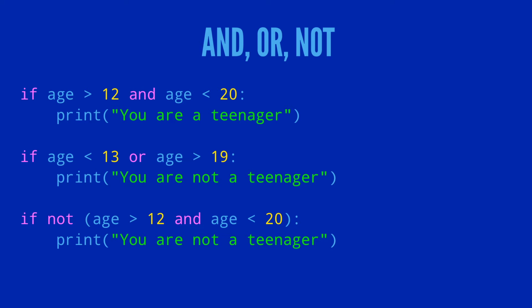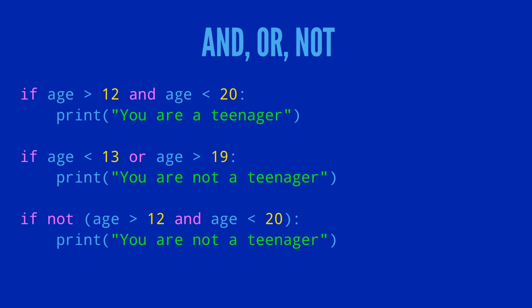So age less than 13 would be true, but age greater than 19 would be false. So if you used an and statement there, the entire thing would be false. But because you're using an or statement, it just allows either expression to be true. So therefore, age is in fact less than 13, and we can print the message, you are not a teenager.